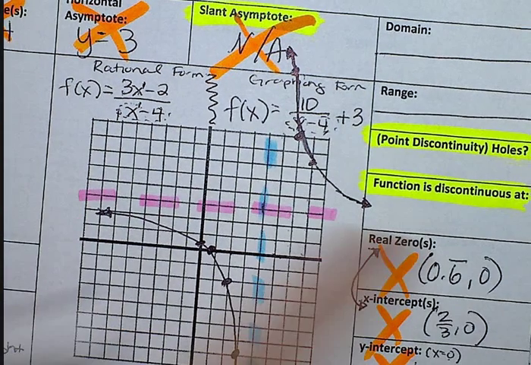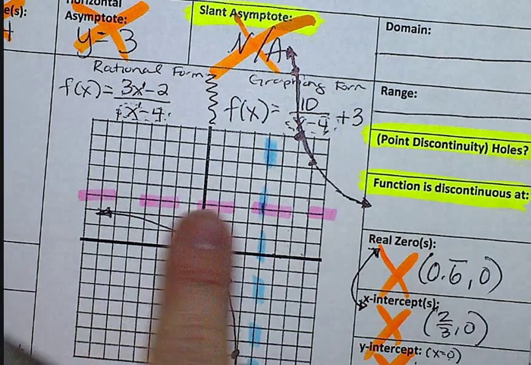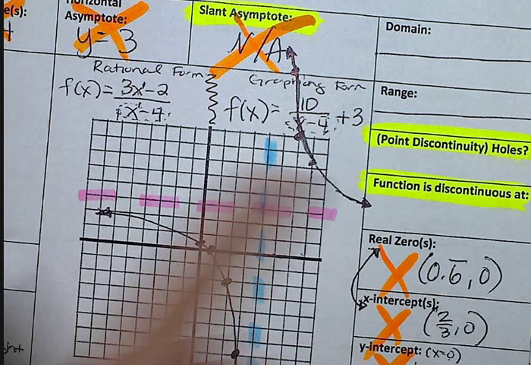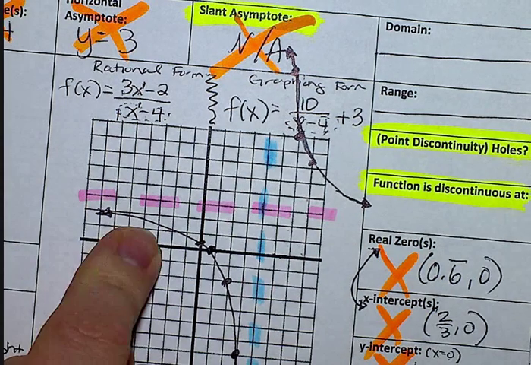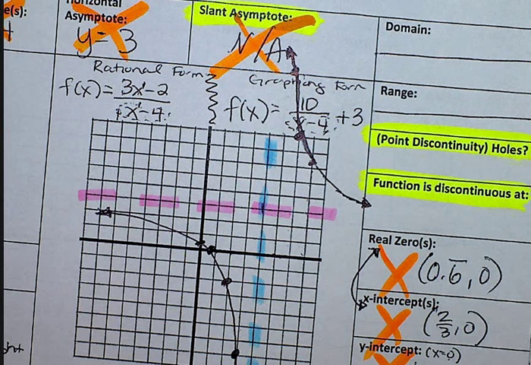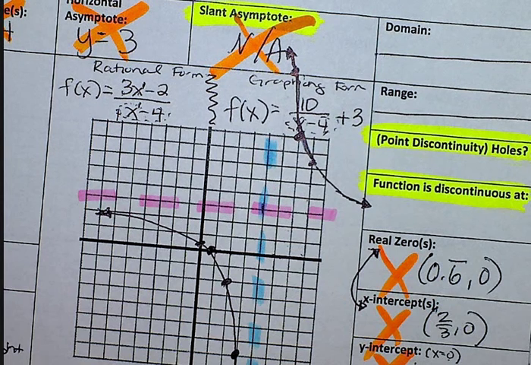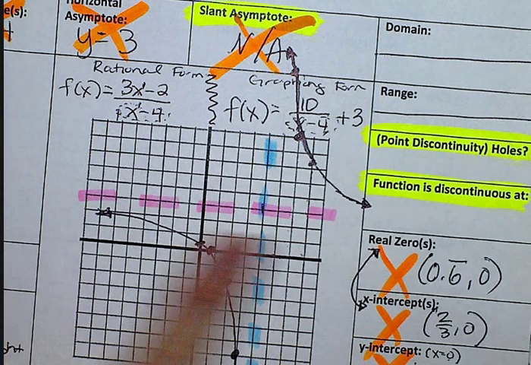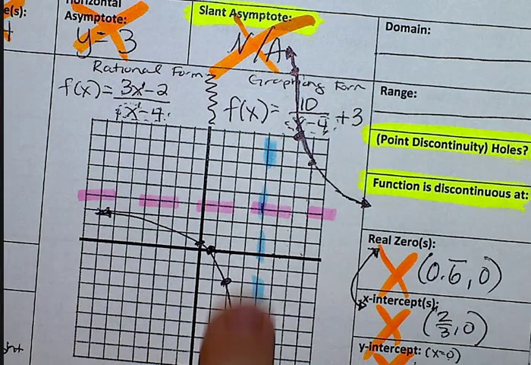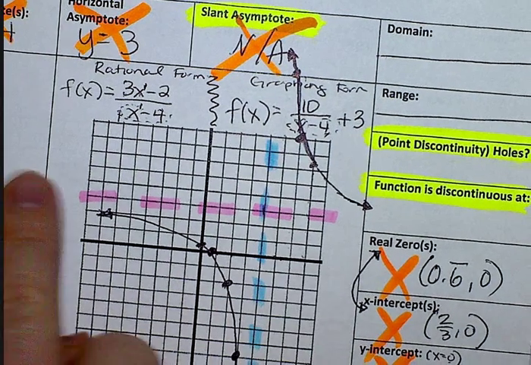But there's only one place on this graph that's not included in our function. There's one place that this function never ever touches. Take your finger and put it on that place. Where's the place that the function never touches? Hopefully it's a colored line. What colored line does it never touch for the x's? The blue line. See how it never touches the blue?